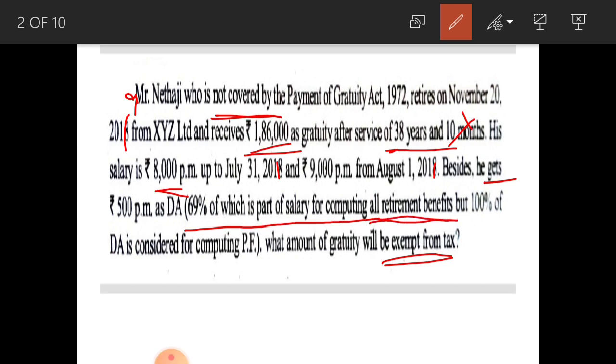That means of the 500 per month of DA, only 69% you have to consider for calculation of your salary amount. That means salary means basic plus 69% of DA in this problem. And the information that 100% of DA is considered for computing PF should not be considered, because PF is not considered for the calculation of gratuity.